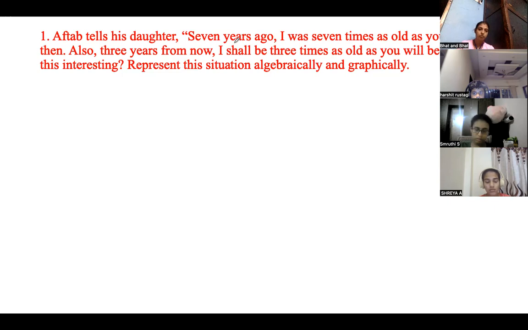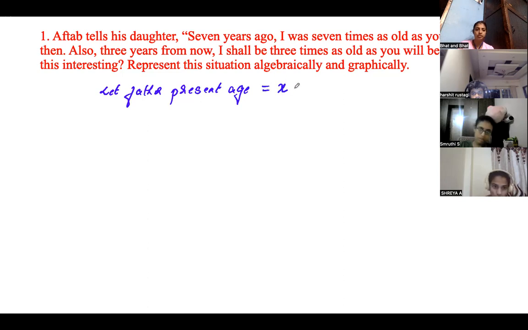So for the first part, let the age of the father be equal to X years, and the age of the daughter let us consider as Y years.